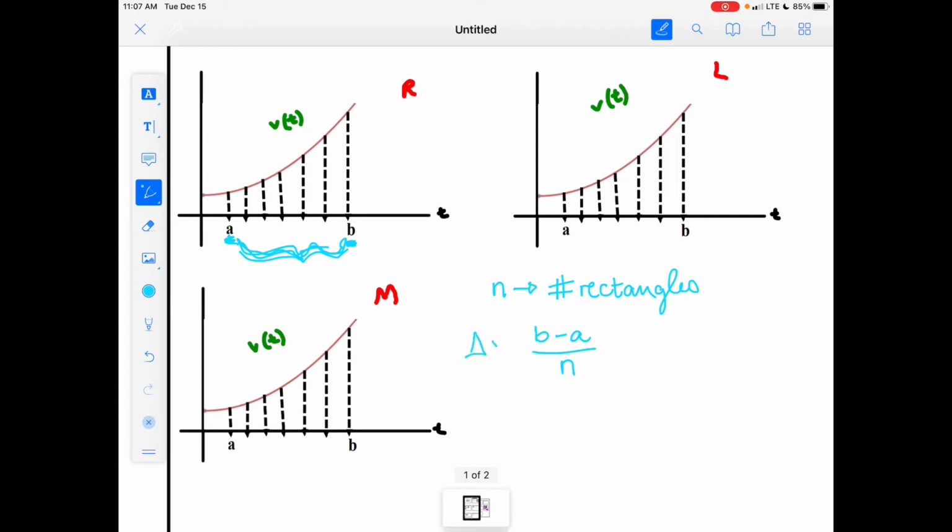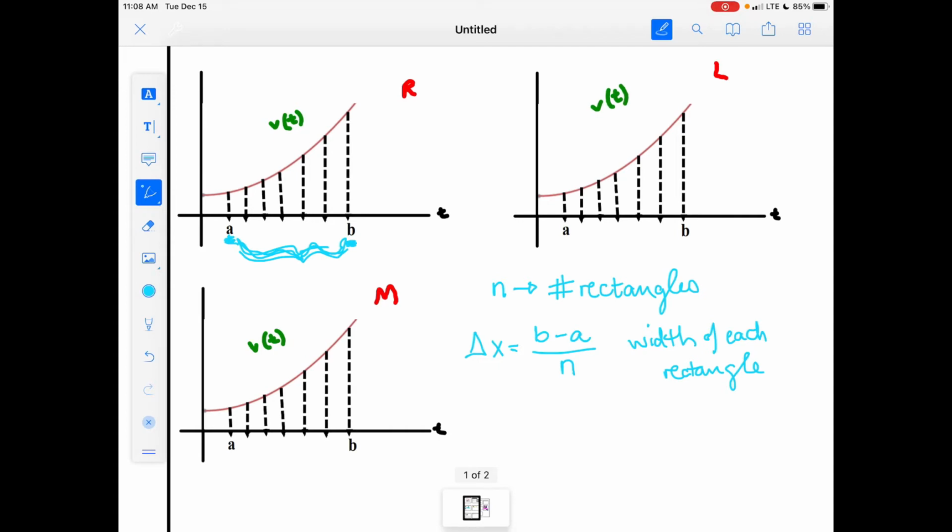This is referred to as delta x. Delta x is the width of each rectangle, given that they are all evenly spaced. They're not always that way.